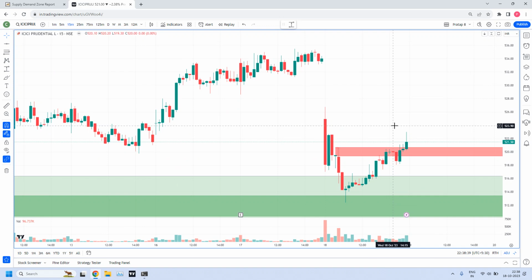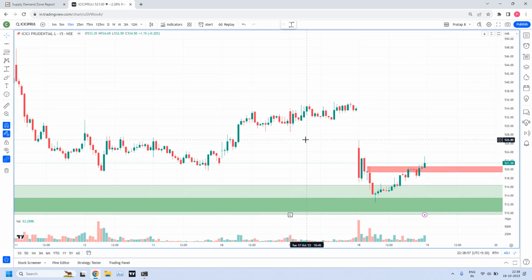You might have been following all the high liquidity zones, not only the stocks near list. In the stocks near list you already got the Apollo Tyres entry, which has given 3.6%. And this has given even much better profit.